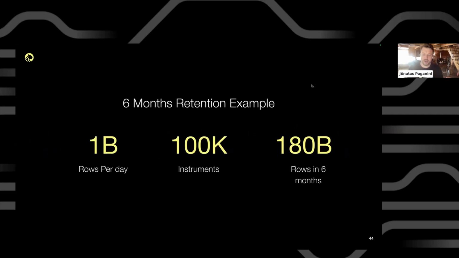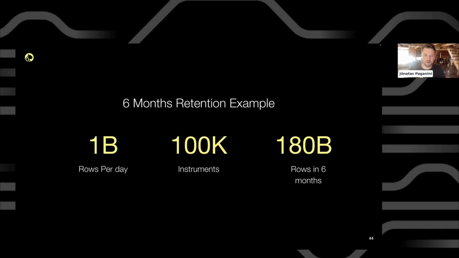And let's say we are receiving data at 1 billion rows per day, around 100K instruments. So it means that we would have 108 billion rows every 6 months, okay? Knowing this is a final number, we know that from this perspective, we have a static growth.